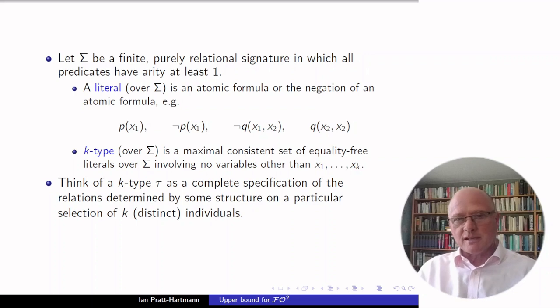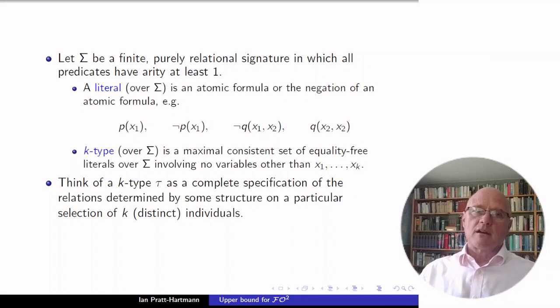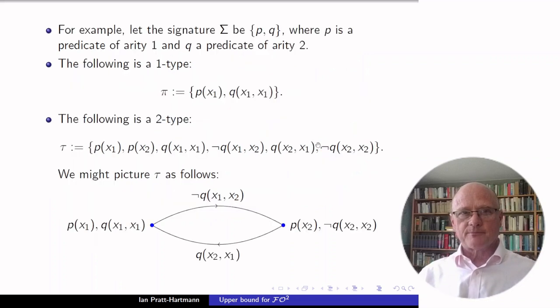I'll come on to that later. But a k-type, formally, is simply a maximal complete set of equality-free literals over some fixed signature sigma, involving no variables other than x1 to xk. Let's have a look at some examples.